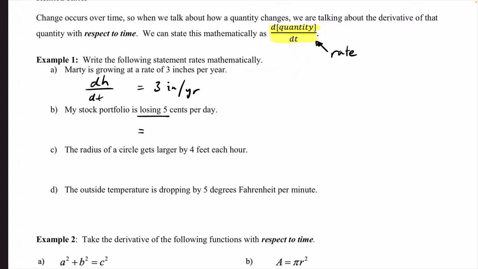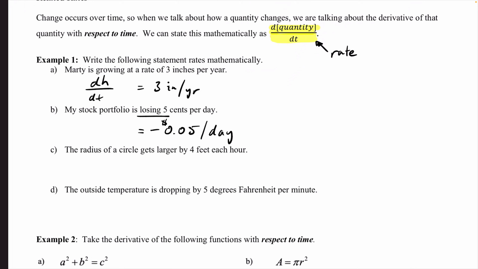Losing is negative 5 cents, so it's negative 0.05 per day. That's a rate because it's dollars over days, just like A was inches over years. The top is always the quantity or the amount or the distance, whatever you're talking about, over time.